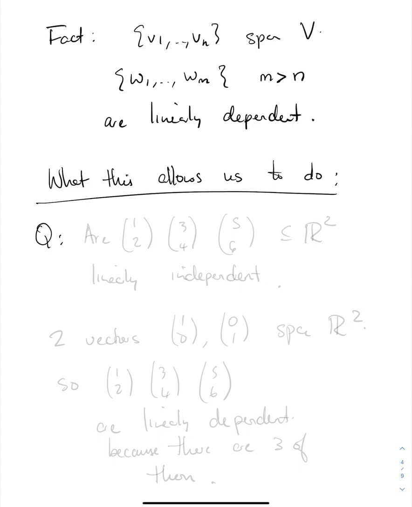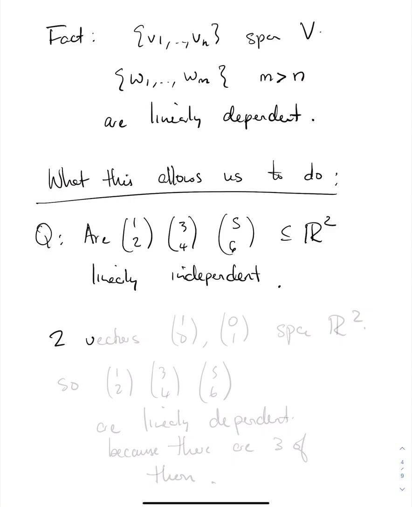A question that I might ask you: are the vector 1, 2, the vector 3, 4, and the vector 5, 6 in the Euclidean vector space of dimension 2 linearly independent? You could set up your equation with coefficients and then prove that those coefficients have to be 0 or can be non-zero. Or you could use the fact that we just proved.